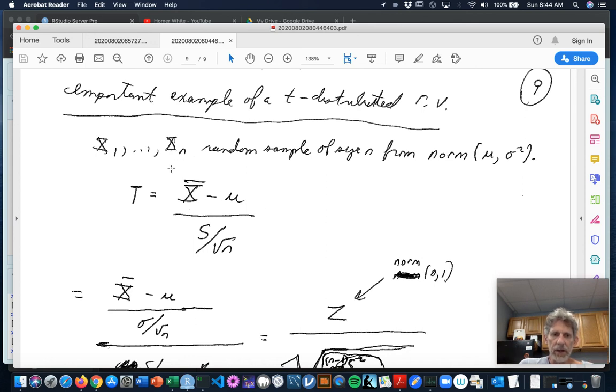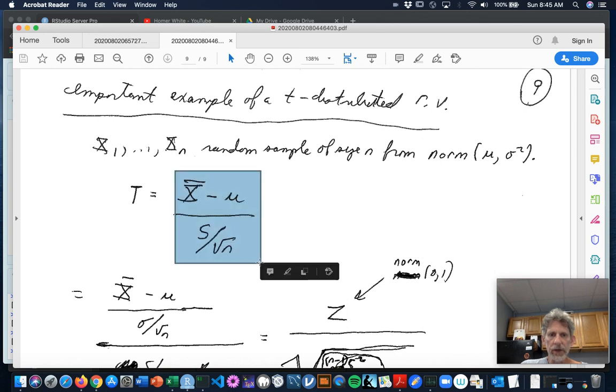One way of thinking about that is, how many standard deviations could the X bar be away from the mu? Now, the standard deviation of X bar is sigma over square root of n, but you don't know sigma. You could estimate the standard deviation of X bar maybe with S over the square root of n. And so this would be an attempt to say how many standard deviations the sample mean is above or below the mean of the population that you're picking from.